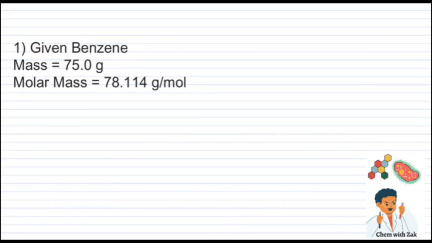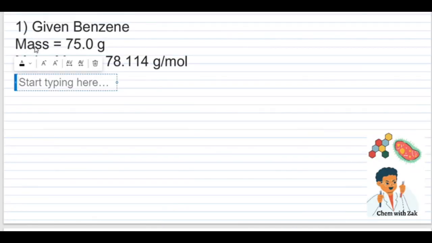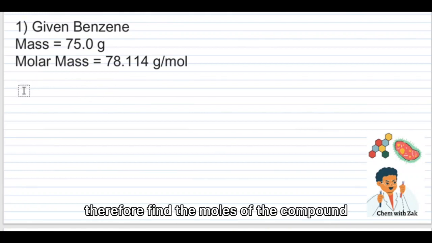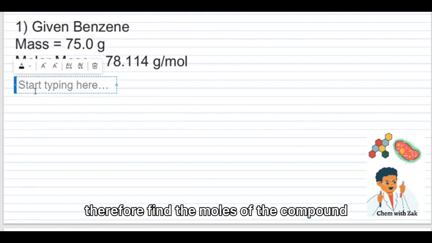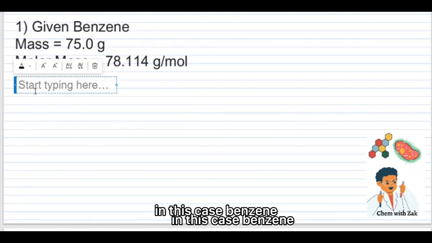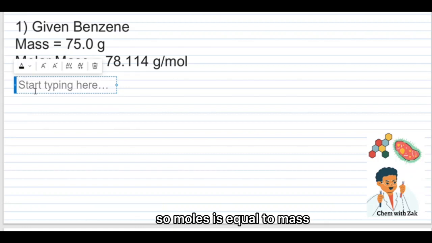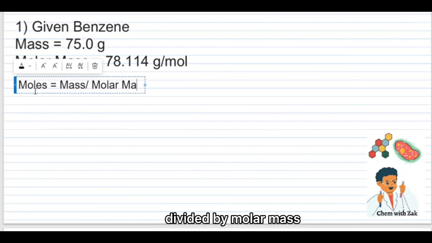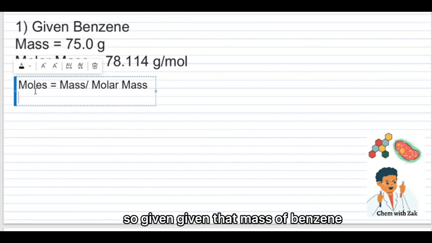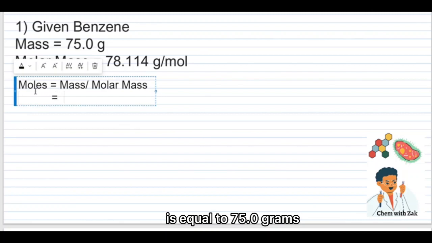Whenever we're given the mass and the molar mass, we can find the moles of the compound, in this case benzene. Moles is equal to mass divided by molar mass. So the mass of benzene is 75.0 gram divided by the molar mass.